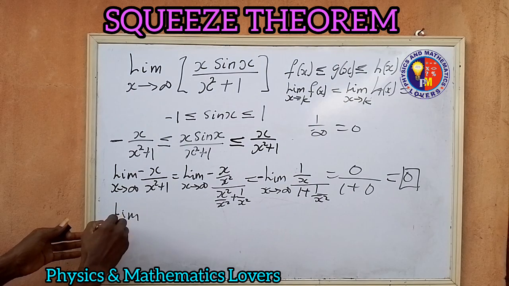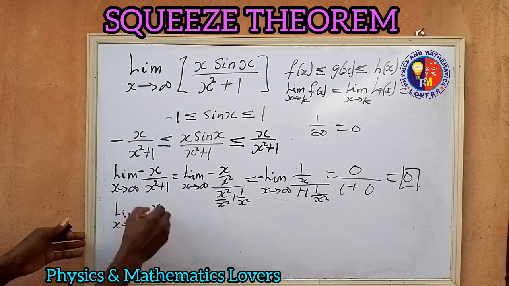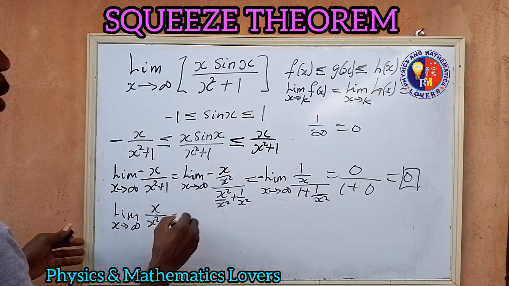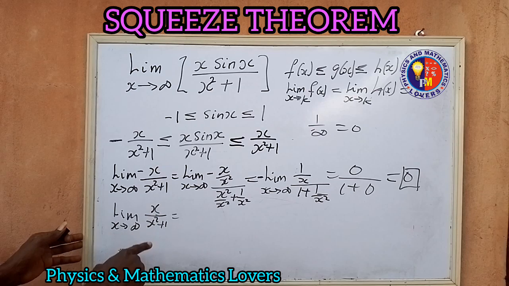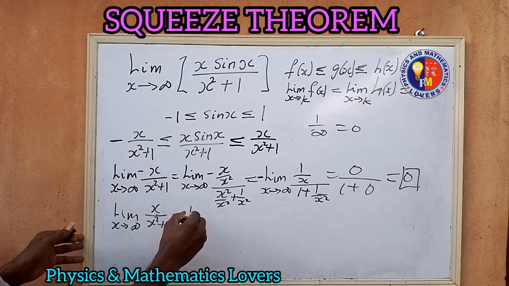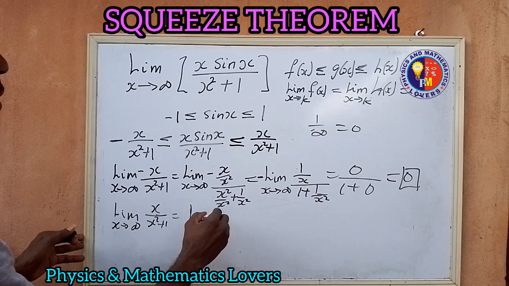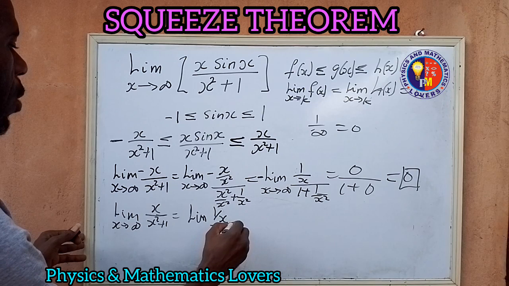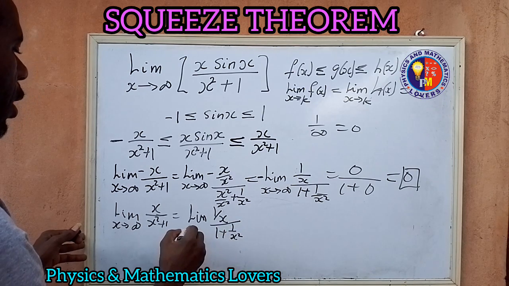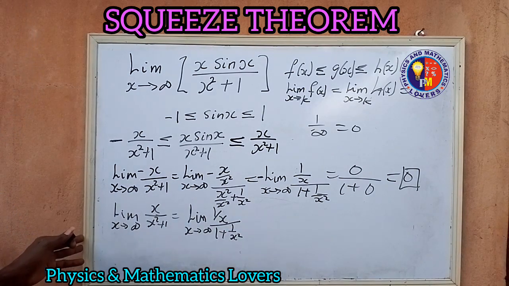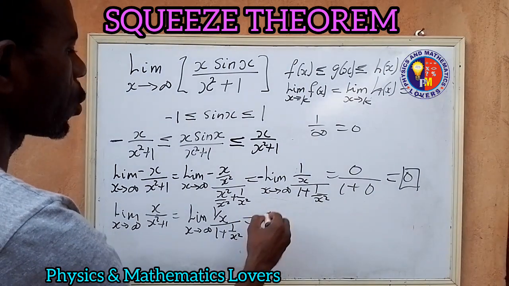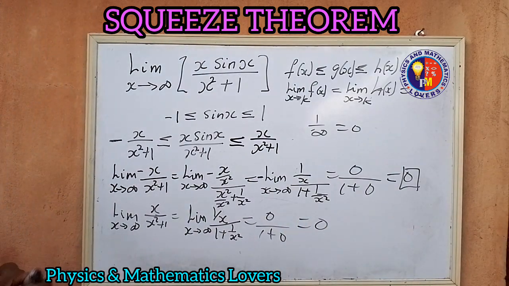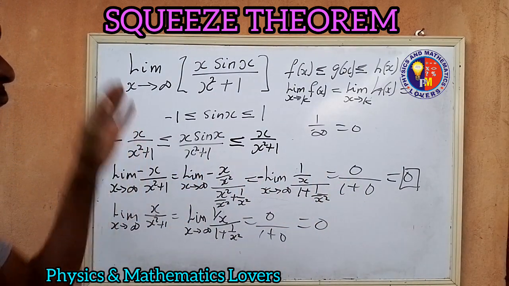Taking the limit as x tends to infinity of x over x squared plus 1, dividing the numerator and denominator by x squared, we get 1 over x, all over 1 plus 1 over x squared. As x tends to infinity, we have 0 over 1 plus 0, which is 0. The right side limit is 0, and the left side limit is also 0.